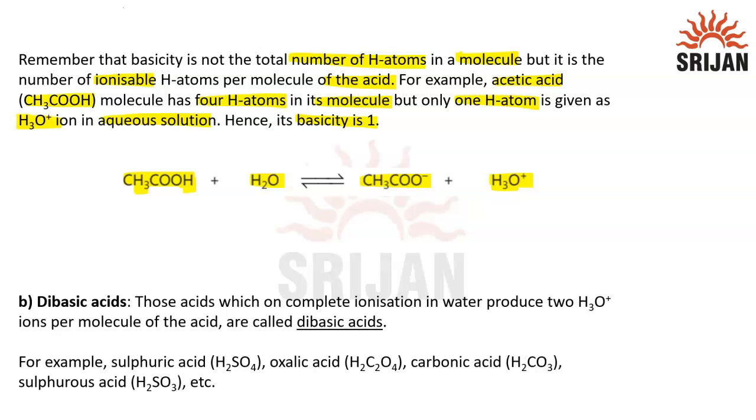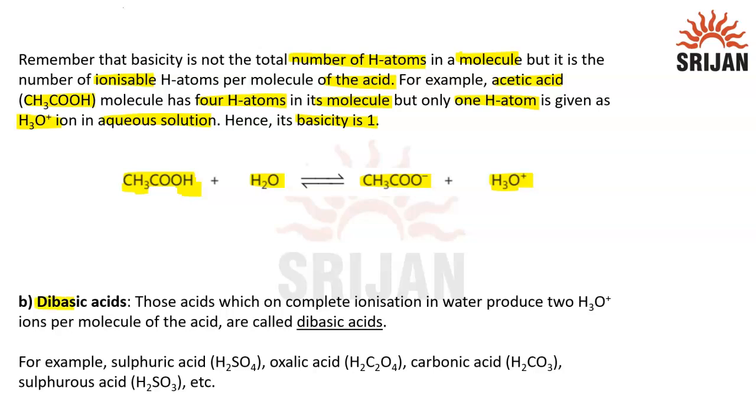The electronegativity of oxygen is quite higher than that of carbon, so there is a great polarity in the bond between oxygen and hydrogen. That's why this hydrogen is ionizable, whereas the electronegativity difference between carbon and hydrogen is almost negligible, so the bond is not at all polar. That's why only one hydrogen is ionizable, the hydrogen attached to the oxygen.